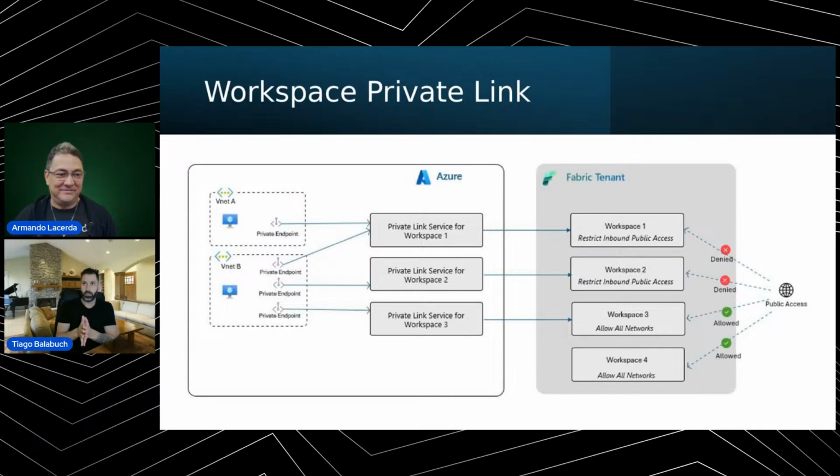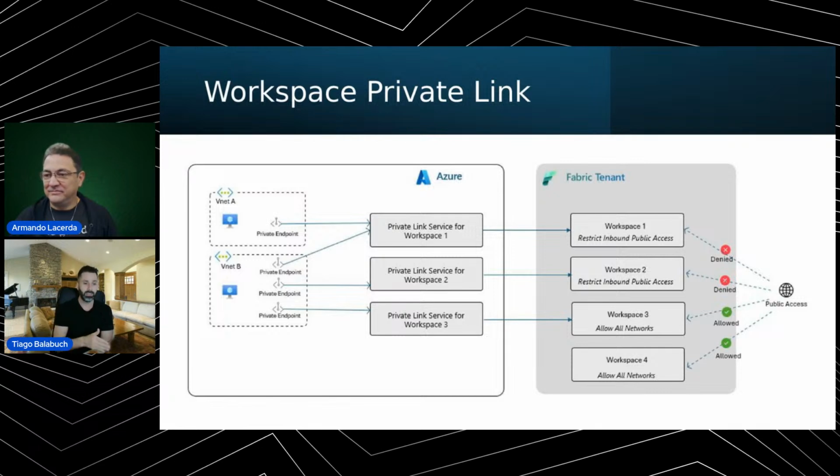The first thing that I want to start with is private link. It's also known as inbound network protection. So you are going to protect your Fabric workspace from the sources that can connect to Fabric. So you're going to tell it what exactly are the sources, the services that can connect to my workspace.